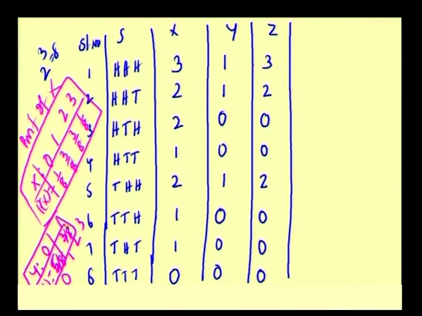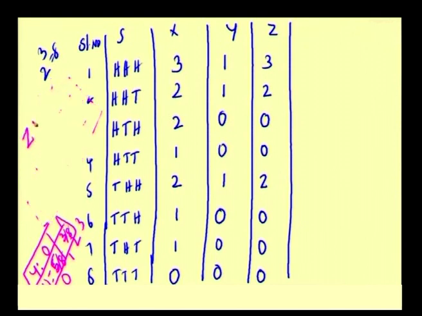What about z? Z is taking the values 0, 1, 2, 3. What is your P of z? P of z is the corresponding probability function for various z values. How many zeros are there? 1, 2, 3, 4, 5. So 5 by 8. How many ones are there? There is no 1 at all in z.